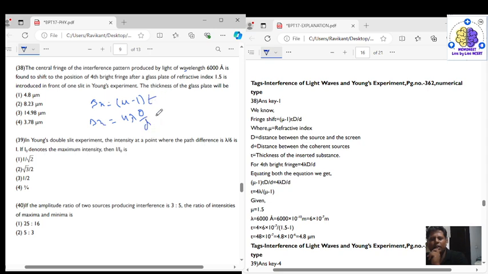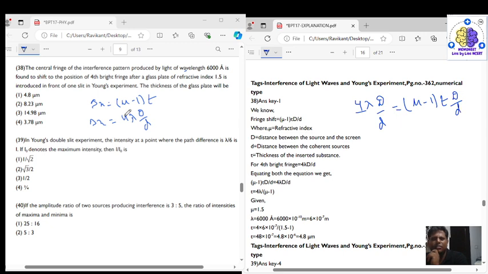So equating these two equations, we get 4 lambda D by d is equal to mu minus 1 into t, capital D by d.